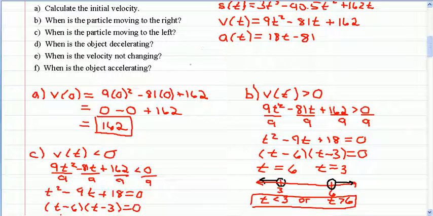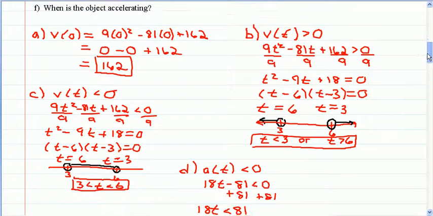For part E, when is the velocity not changing? That means that the acceleration is equal to 0. So I will take the acceleration function and set it equal to 0.